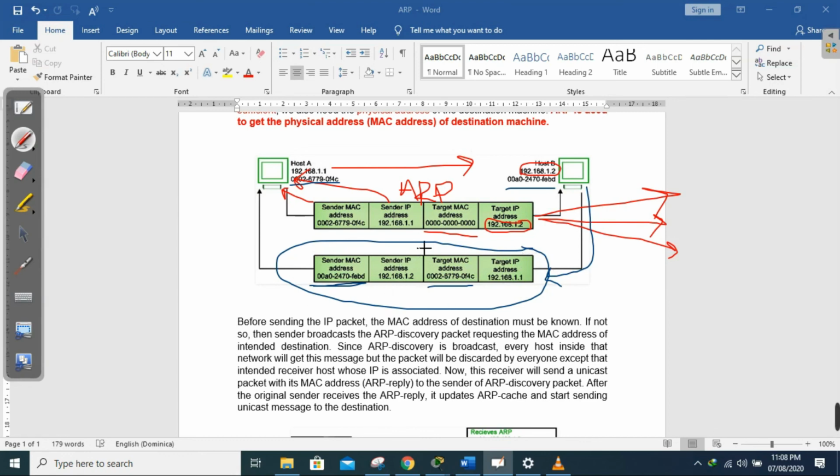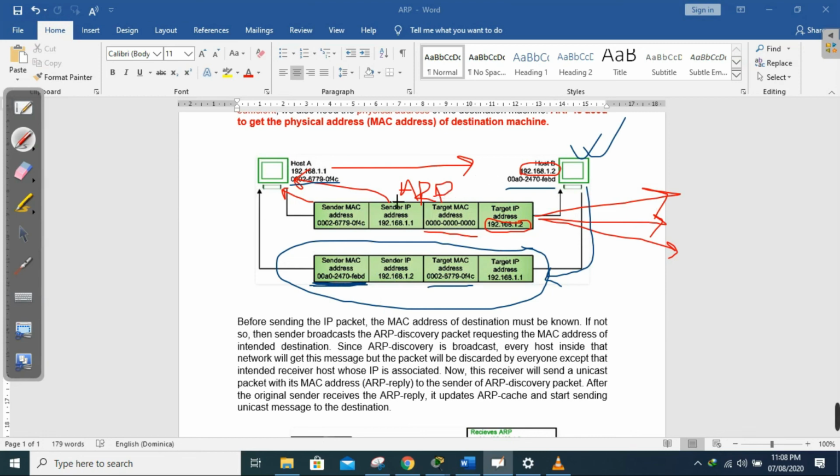That's how ARP actually works. We initially did not know the MAC address of host B, but with the help of our source MAC, source IP and target IP address, we were able to find out the MAC address of host B, which is written over there. Now both of our hosts know every possible piece of information they need to communicate further.